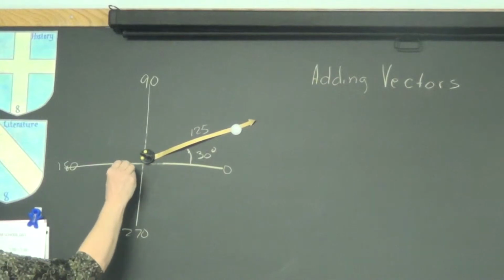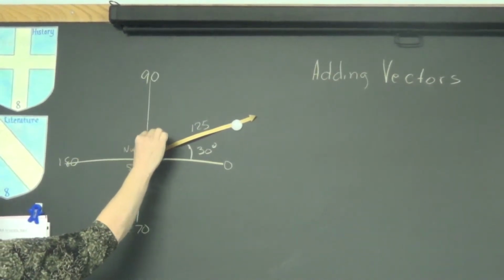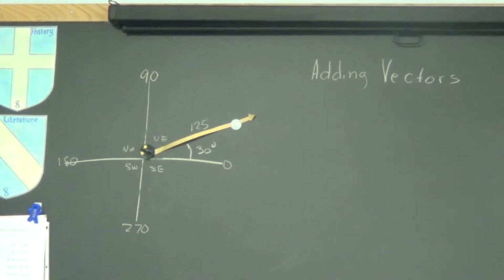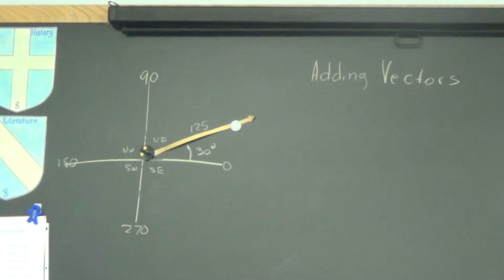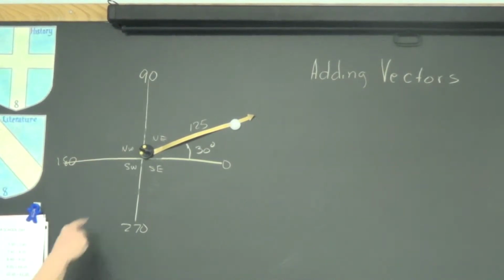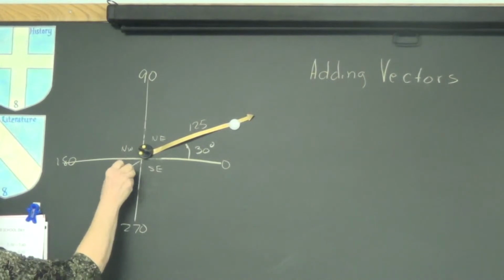Southwest is right here. This is southwest, this is northwest, this is northeast, and this is southeast. That should make sense just from everyday knowledge. If it's going directly southwest, it's going to go right in the middle of that quadrant.